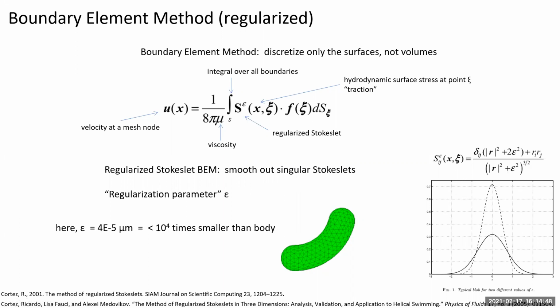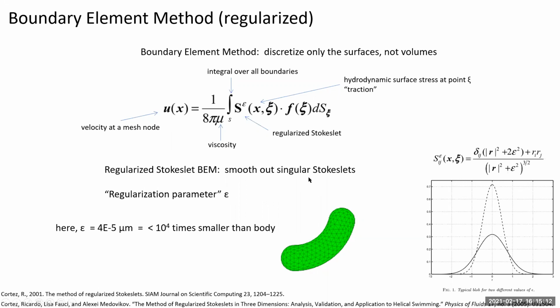The issue with boundary element methods is this singular Stokeslet kernel is a real pain. You have this singularity you have to try to integrate over. It's a real pain to work with. So luckily, Ricardo Cortez came up with a regularized Stokeslet version quite some time ago.